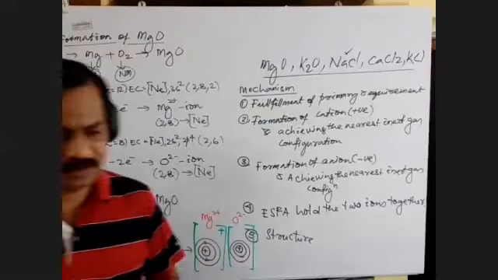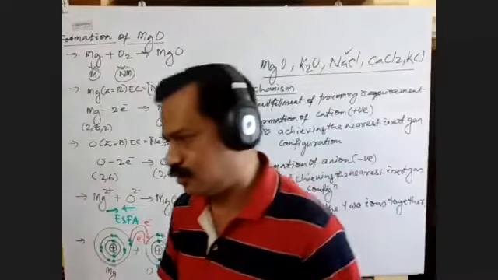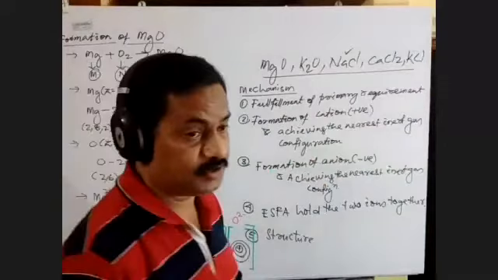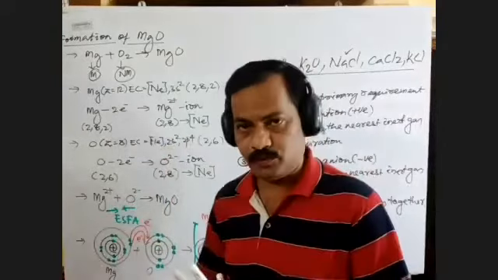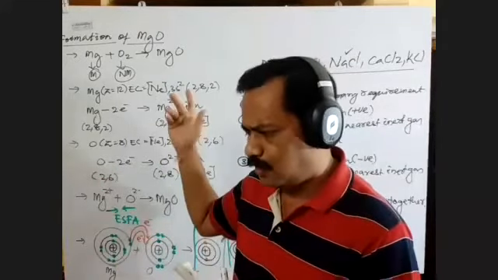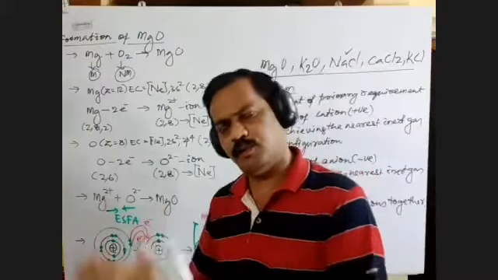Enthalpy means energy changes during the reaction: why certain reactions are exothermic, why certain reactions are endothermic. When the energy changes, we are going to discuss after this ionic bond; then we will go for covalent bond. Under covalent bond, we are going for non-polar, polar.